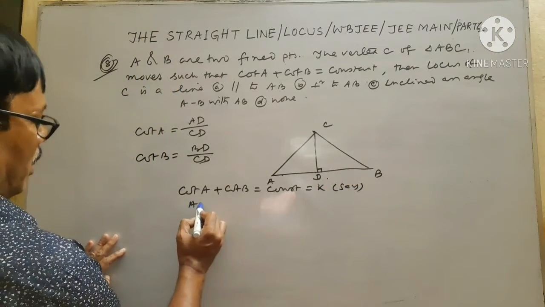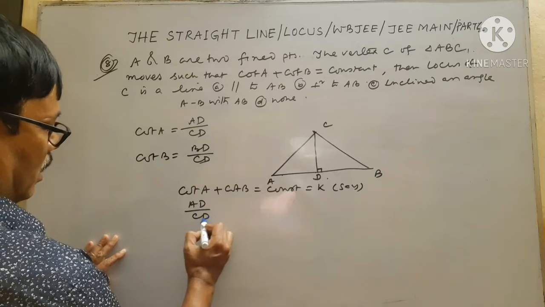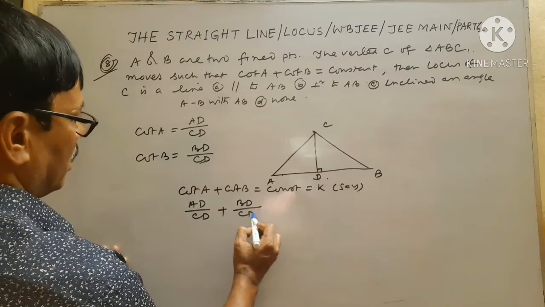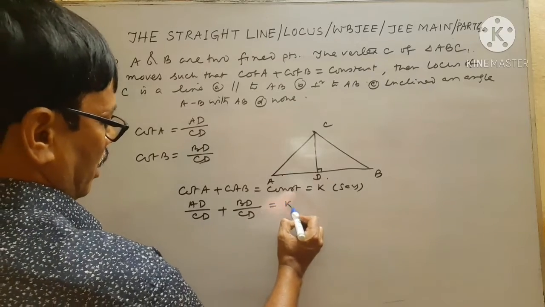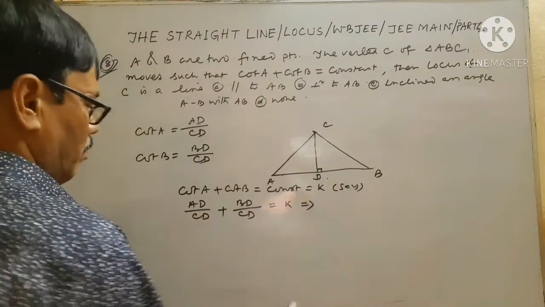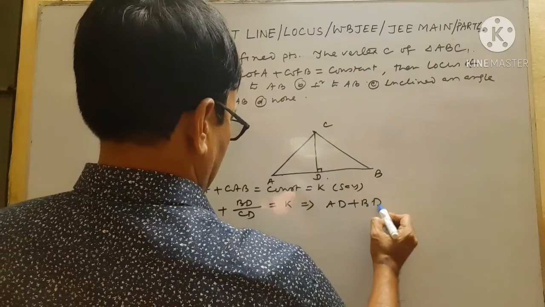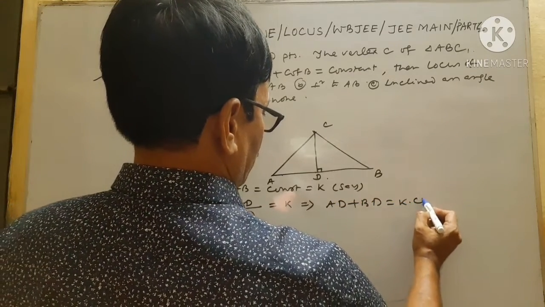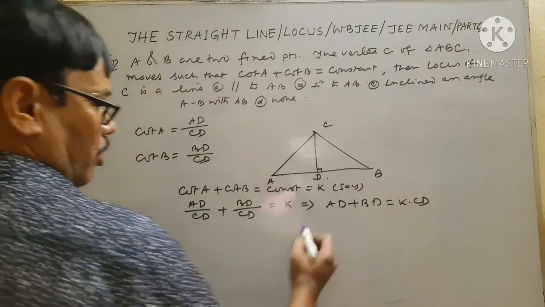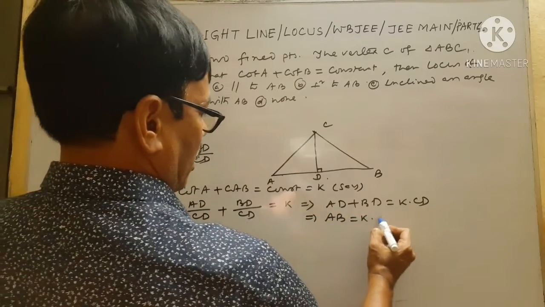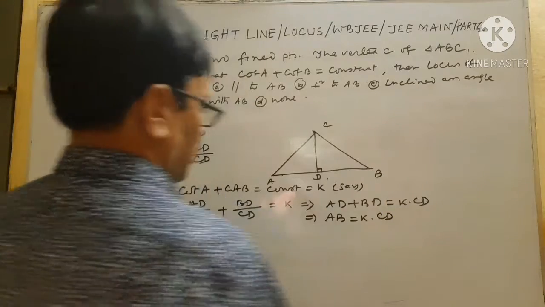So AD by CD plus BD by CD equals K. This implies AD plus BD equals K into CD. So this is AB equals K into CD.